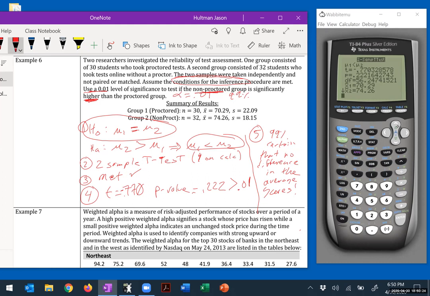Okay, there is no significant evidence that the proctored group did any different than the non-proctored group. Okay, makes sense?